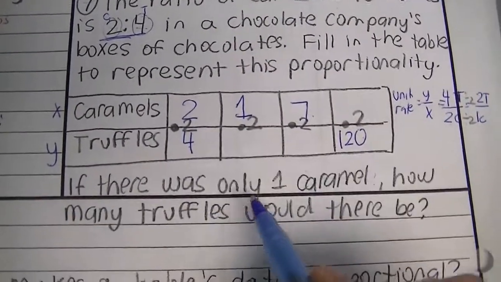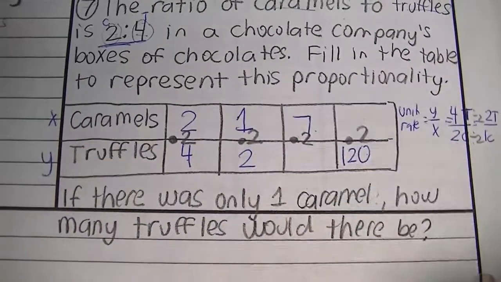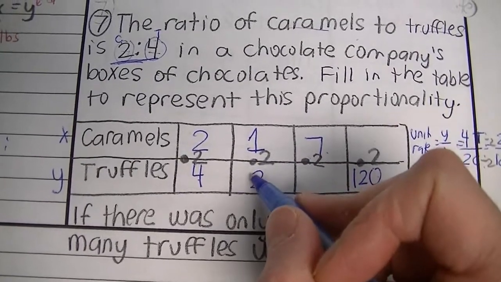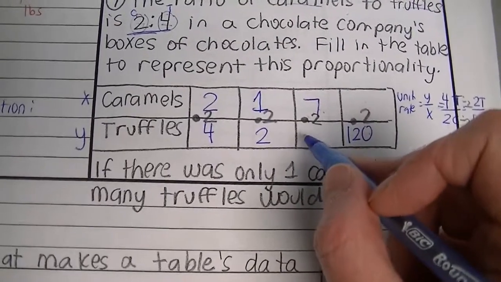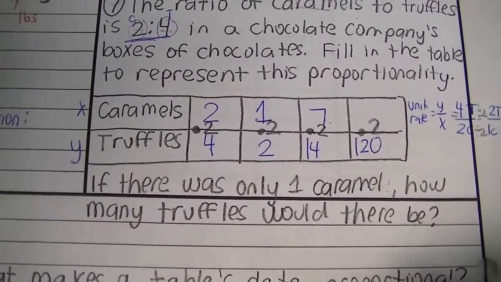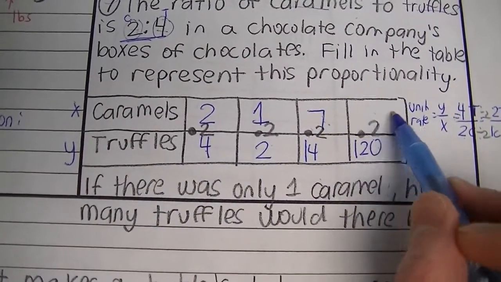Okay, so if there was only 1 caramel, how many truffles would there be? Well, there would be 2, okay? Because we took the x value, multiplied it by the unit rate to get the corresponding y value. And then if there were 7 caramels, how many truffles would there be? There'd be 14, because I went 7 times 2. Now look, we have an empty blank right here for the number of caramels.